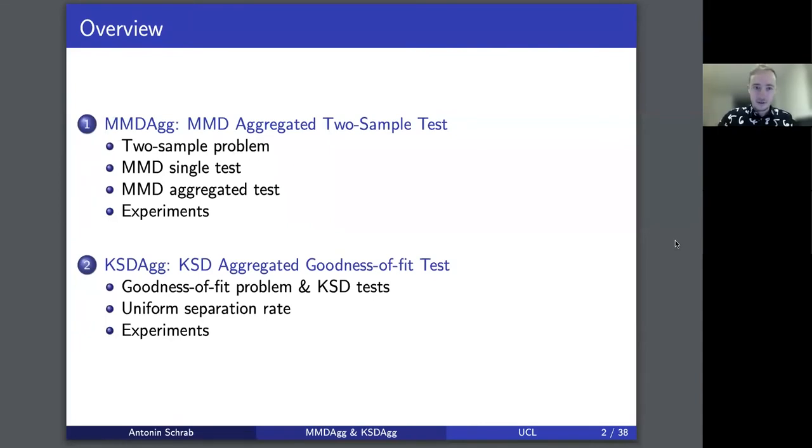So just as an overview of the talk, I'll start with our aggregated MMD test, presenting the two-sample setting, introducing the MMD test, the aggregated test, and running through experiments. And then I'll do the same for the KST aggregated goodness of fit test if we have time.